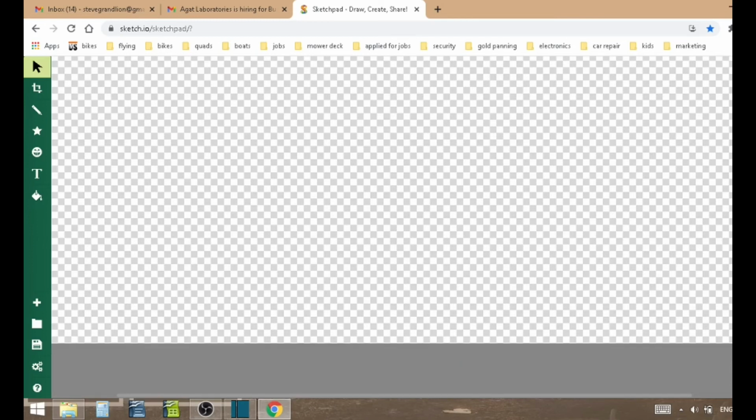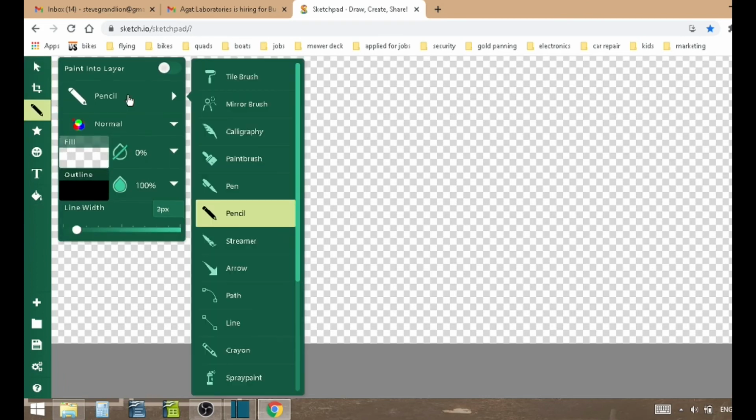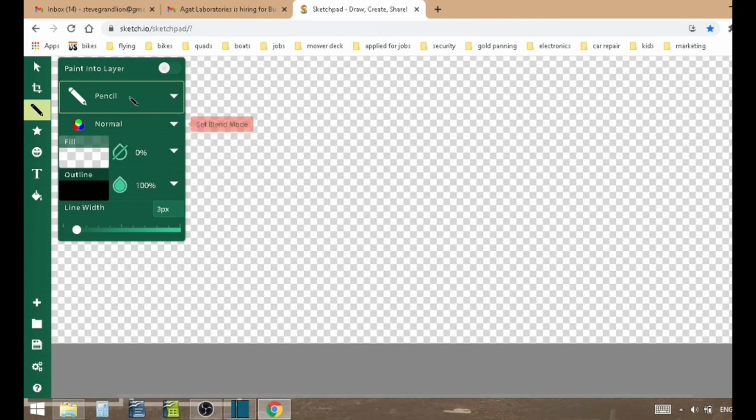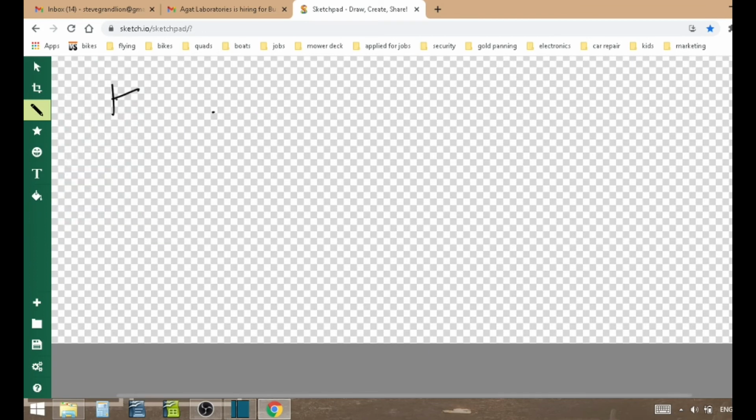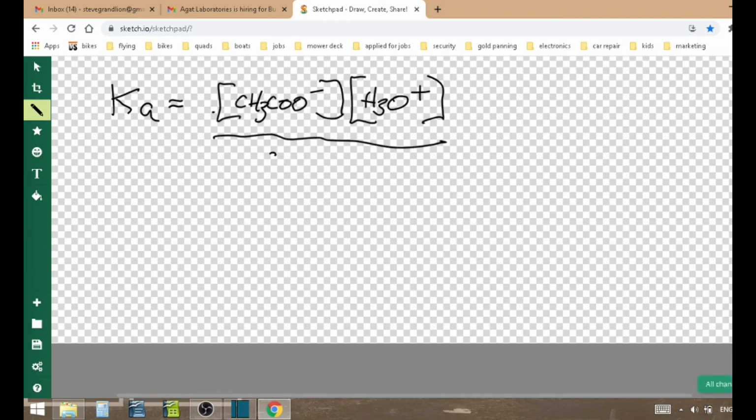So we've got Ka equal to the concentration of the acetate ion, it's the 1 product, times the concentration of the hydronium ion, that's the 2nd product, all divided by our reactant concentration.